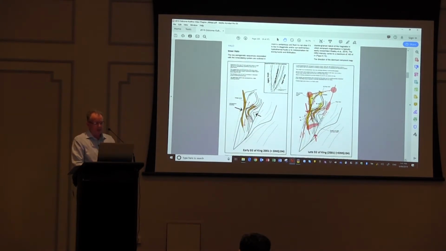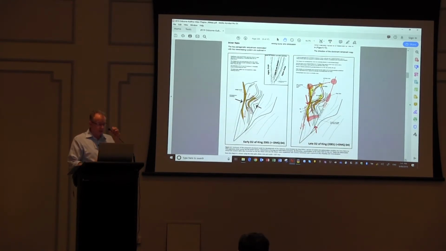We put some information in here from the structural studies that have been done at Osborne. Some pretty detailed work. Most of the information that was available for us was by King. He published an internal report which Chinova has allowed us to use in 2001 and came up with a pretty complex model. It is a complex structural story.